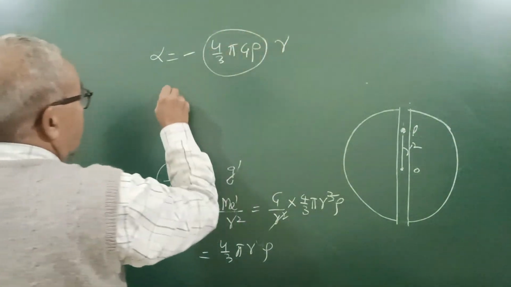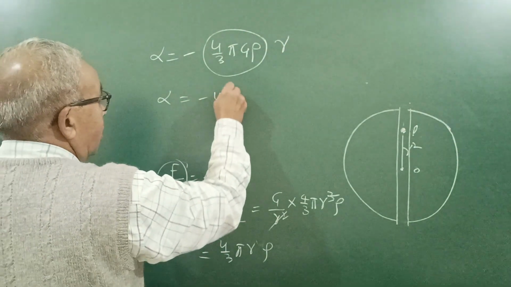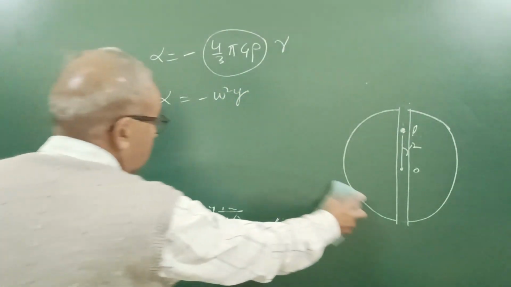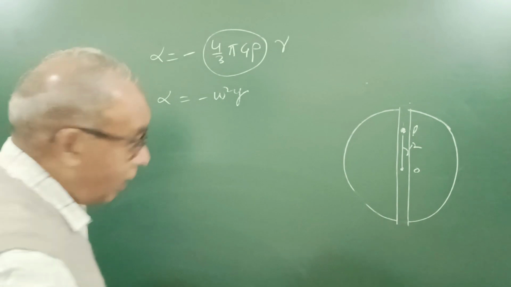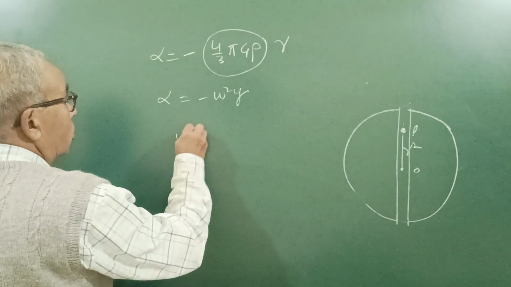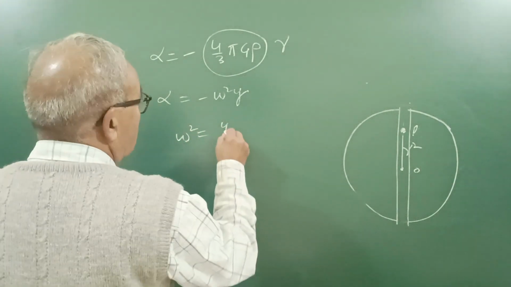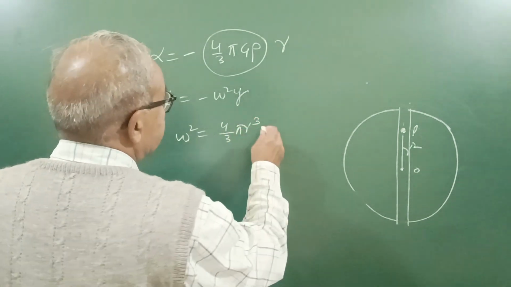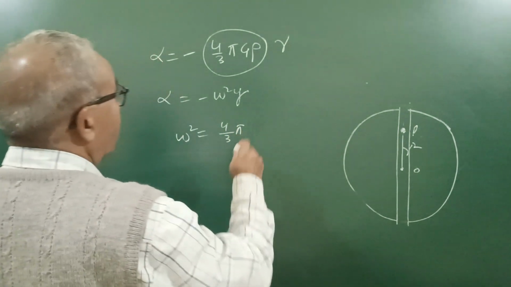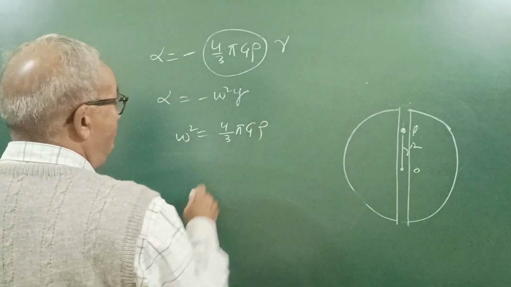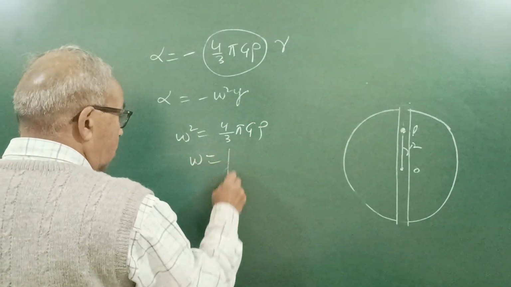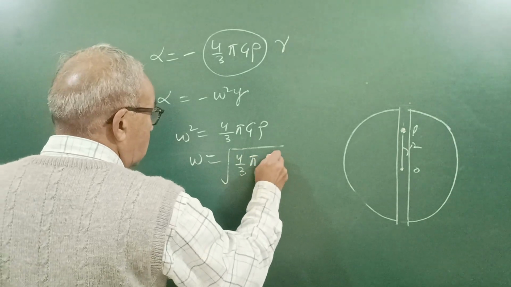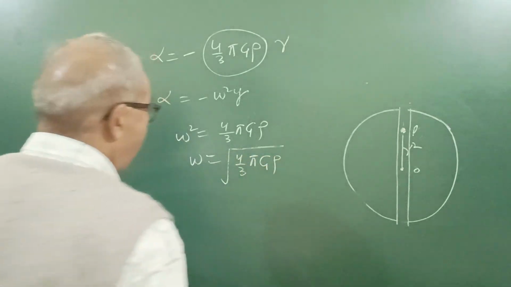Comparing it with alpha equal to minus omega square y, we get omega square equal to 4 by 3 pi G rho. Or omega equals under root 4 by 3 pi G rho.